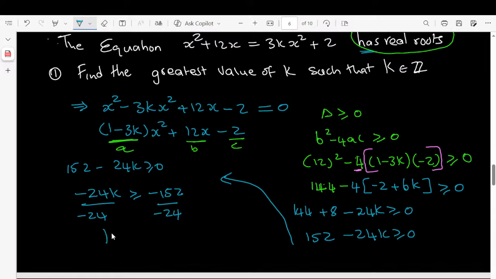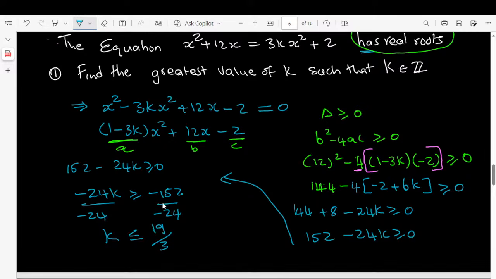Remember, we are dividing by a negative, so the sign will change from greater than to less than. Then you punch that on the calculator. So k must be 152 divided by 24. We get this as 19 over 3. So k must be less than or equal to 19 over 3.